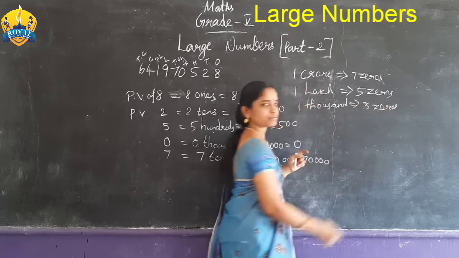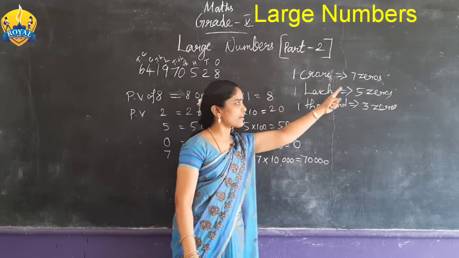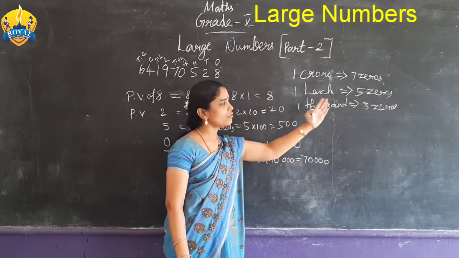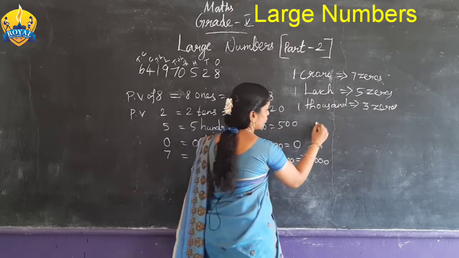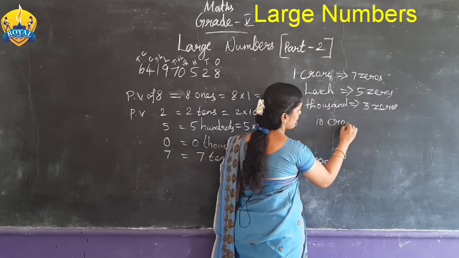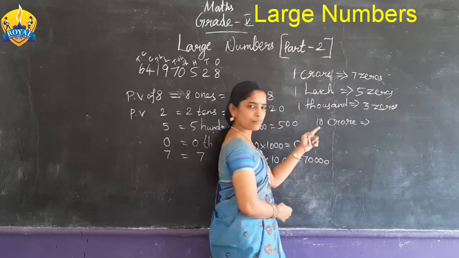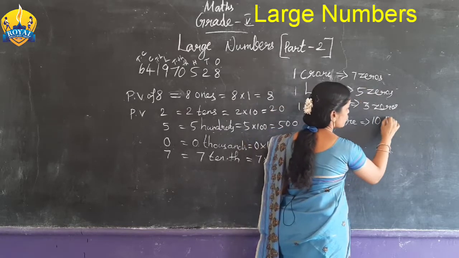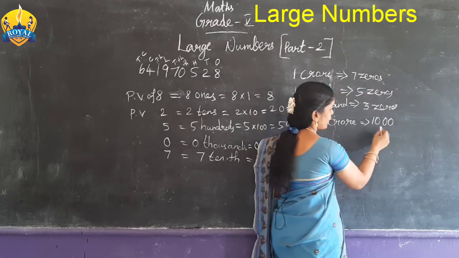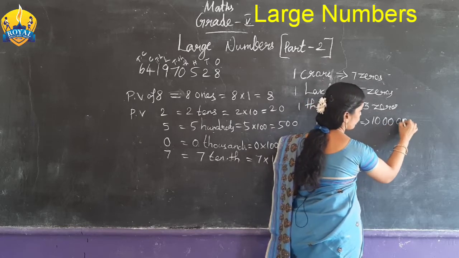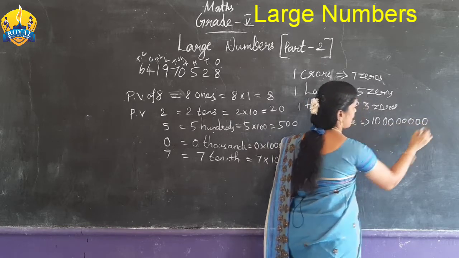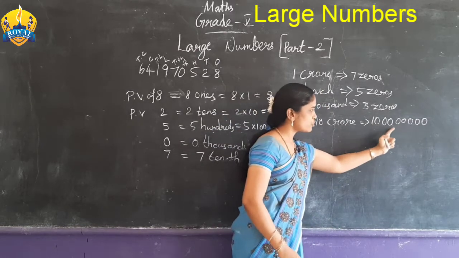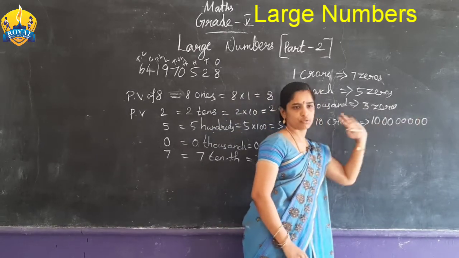Don't forget. Now 10 crore means 10 followed by the 7 zeros of a crore. So we add 7 zeros: 2, 4, 6, 7 zeros. So 10 crore is 100000000.